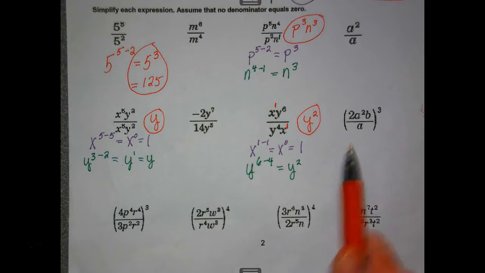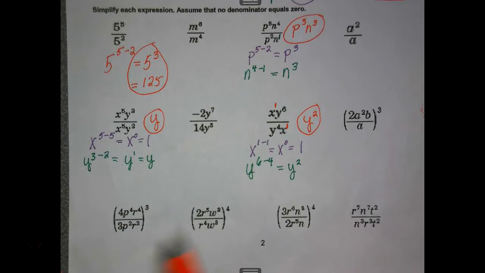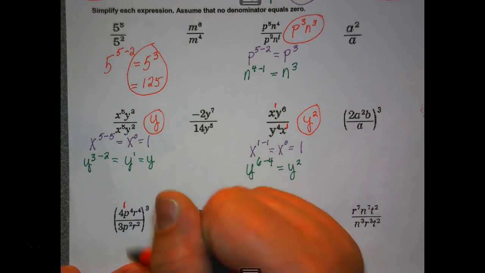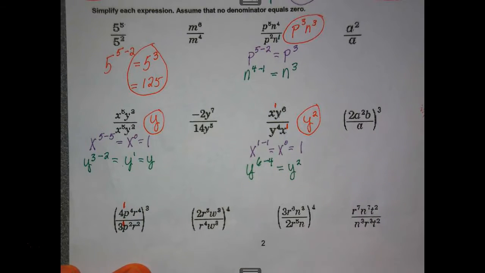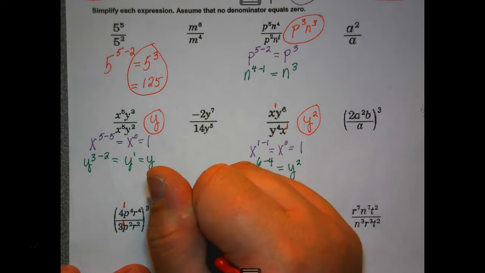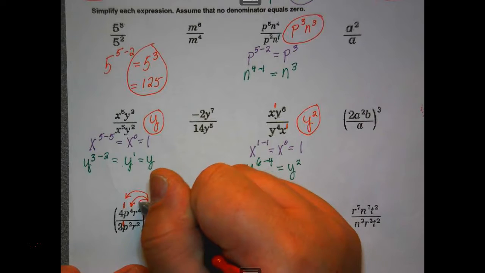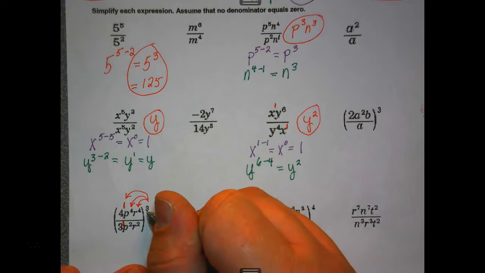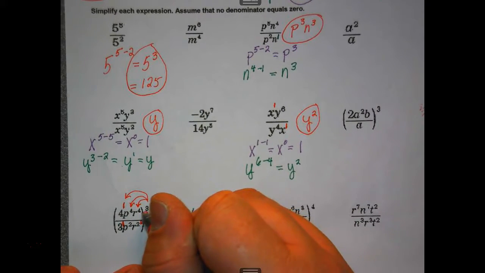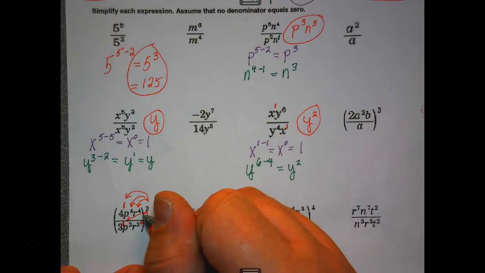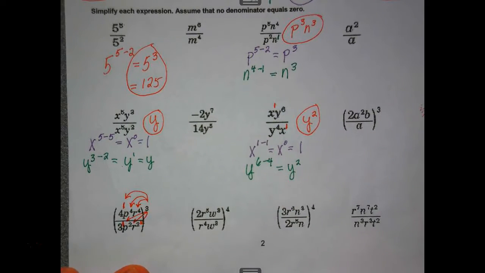Let's see, skip that one. I'll do this one. So I have a 1 there. I have a 1 there. I have to multiply that 3 to every single exponent in the parentheses. Okay, you ready?